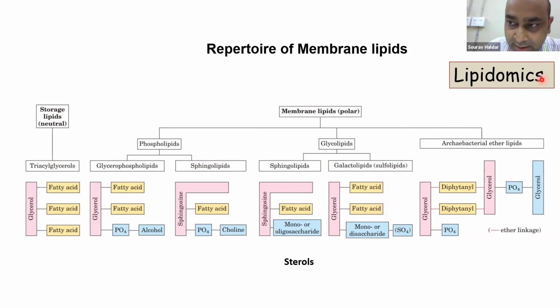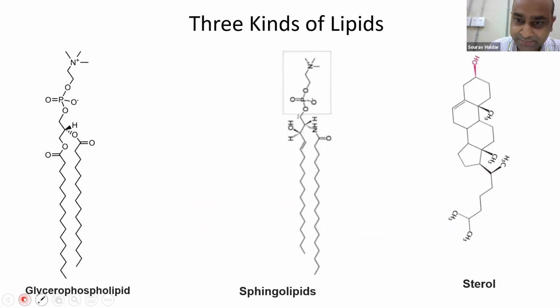Lipidomics is identification of new lipids by various kinds of mass spectroscopy, and their quantification and association with any kinds of pathophysiology. So it's an emerging field, and it's probably the right time to be involved in lipidomics research.